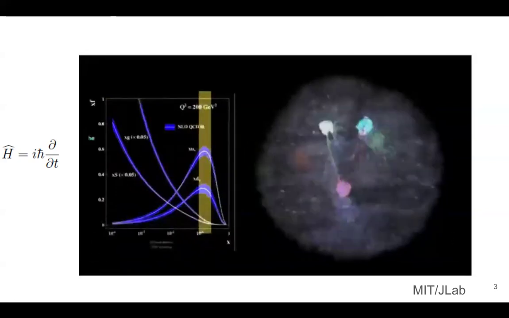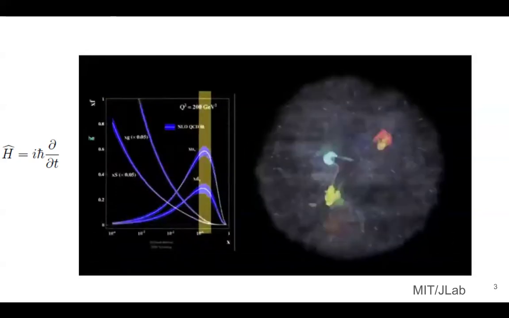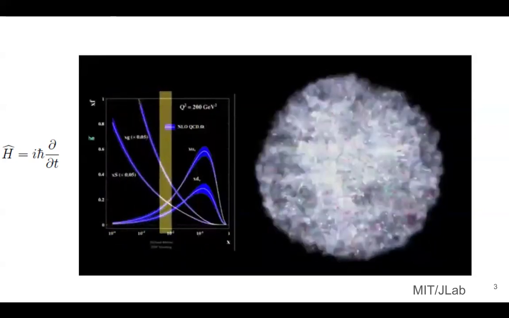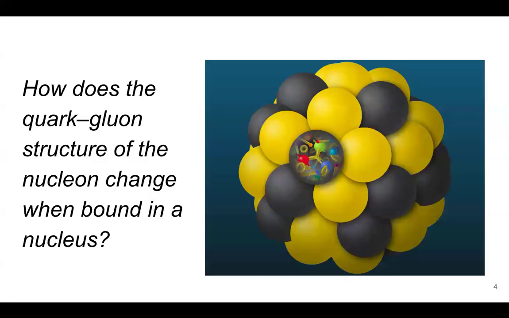We have come a long way understanding the proton structure, but there is still a lot to be understood, that's for sure. But in order to spice this up a little bit, we want to add a little bit of salsa to the proton structure.